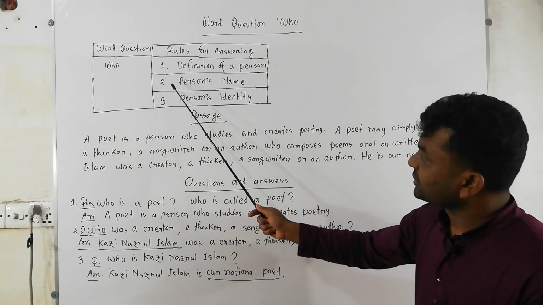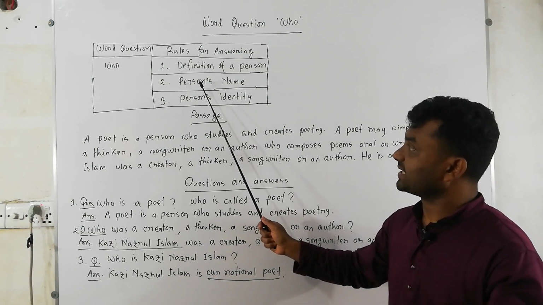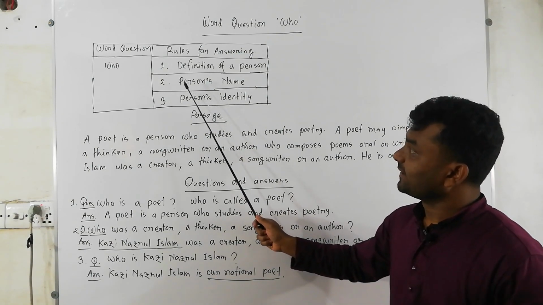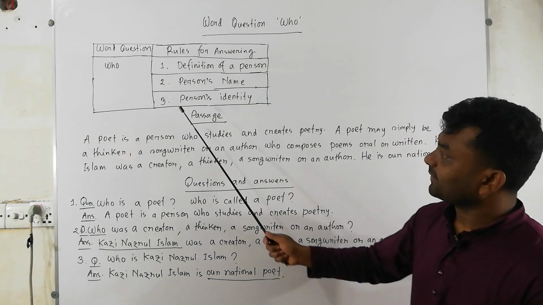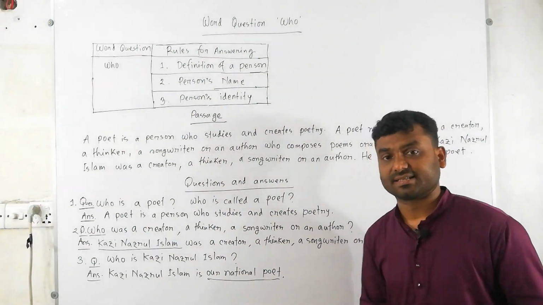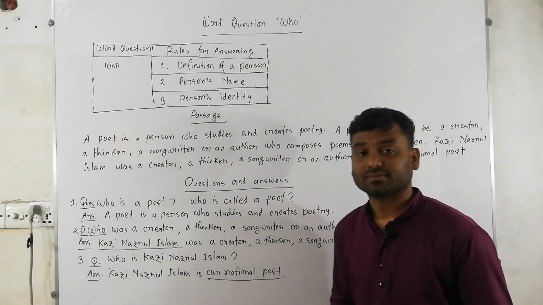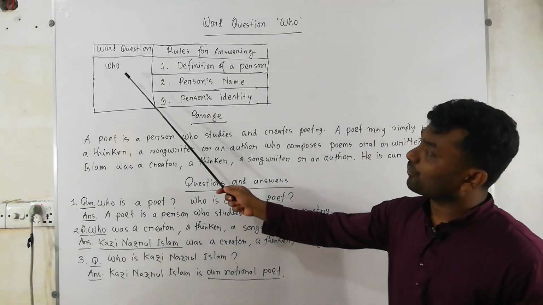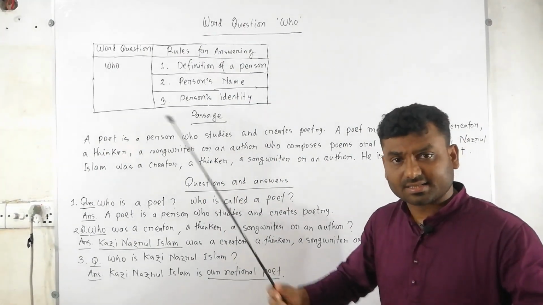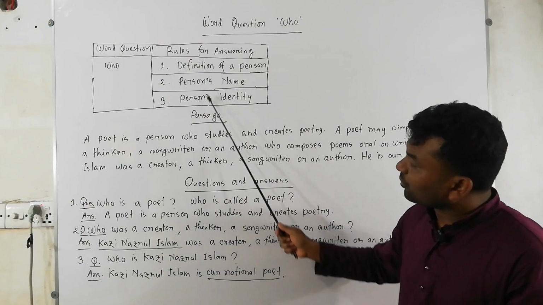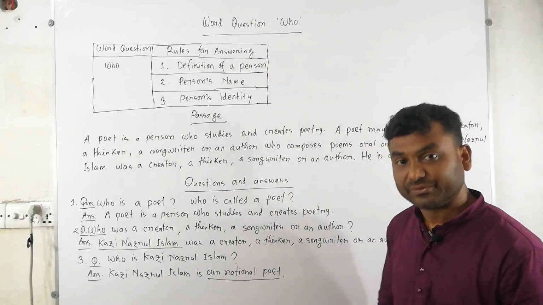In number two we have the person's name. This is one technique, and this is the answer for the next way of what questions who. In third number we have the person's identity. A person's identity may be the answer to what questions who. In three ways what questions who may be asked, and in three ways may be the answer in the place of who.